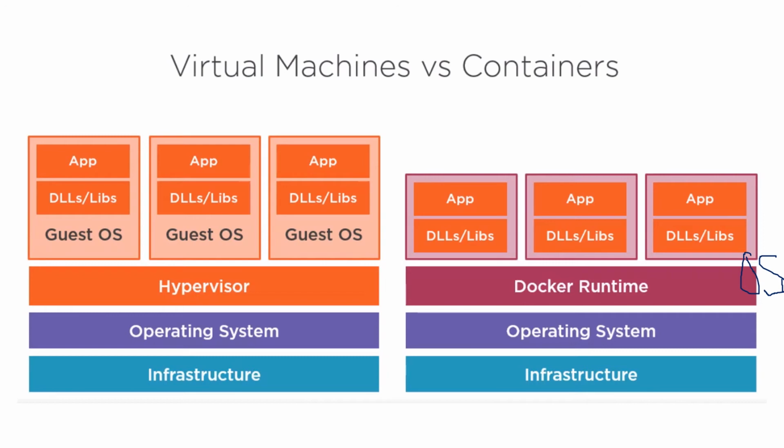If you see, there is no layer of operating system or guest operating system for any of the app or any of the container itself. They're basically using a single operating system to manage or to run all of these applications, and they share the operating system. The host operating system is being shared. So this is what makes it a bit faster in comparison to virtual machine.